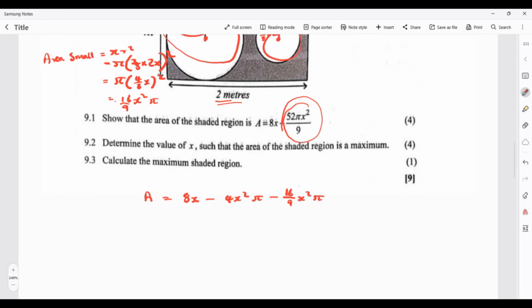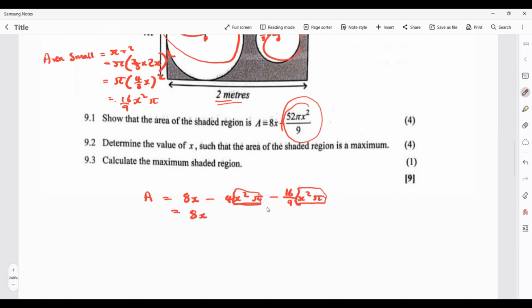So when we work this out, you have 8x, and then you have the x squared pi terms, which are similar to each other. If those are similar, let's just work the digits themselves.